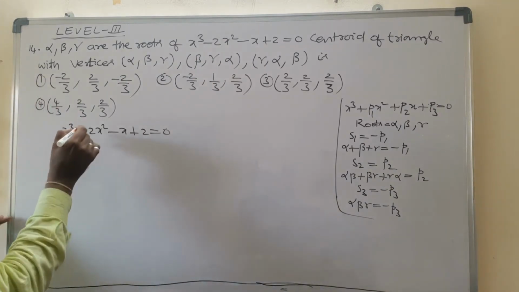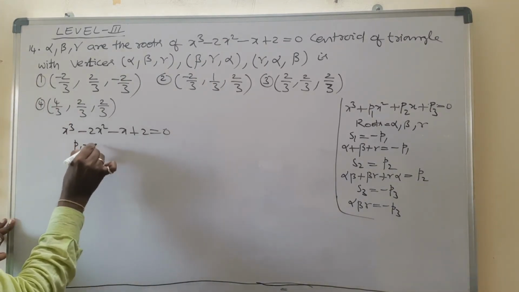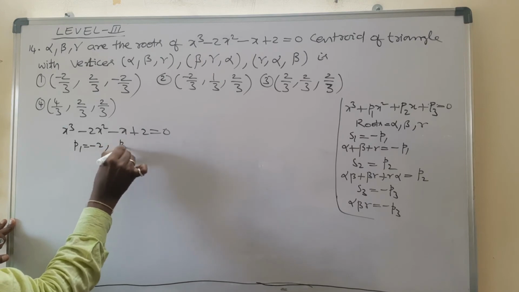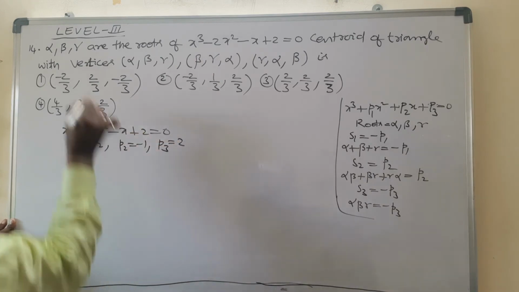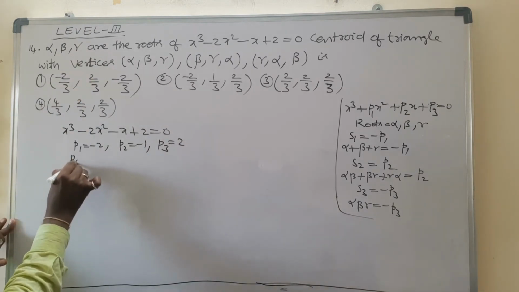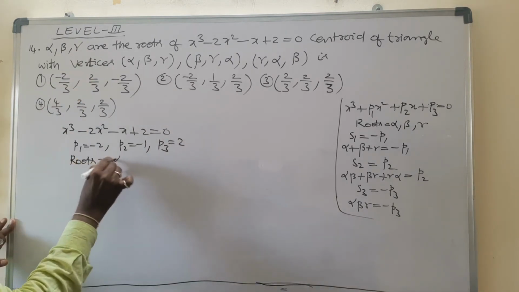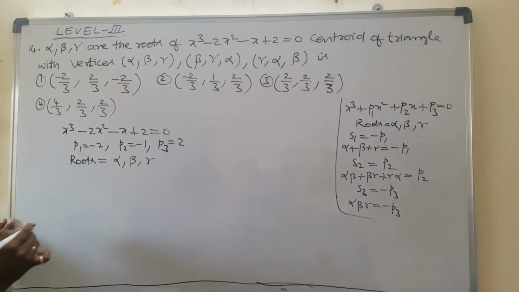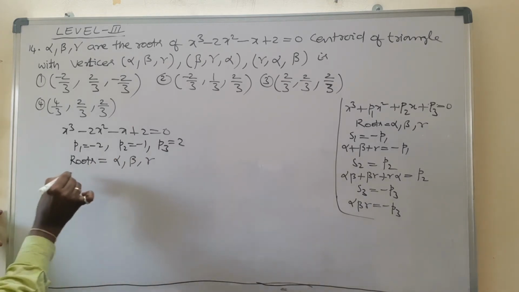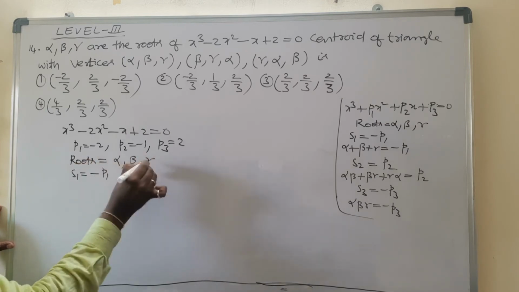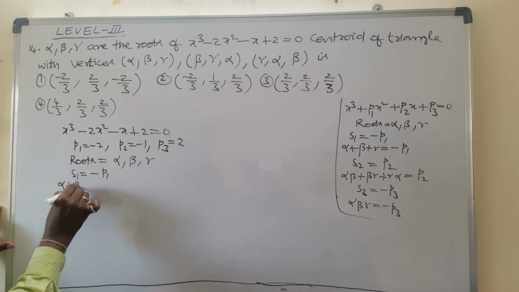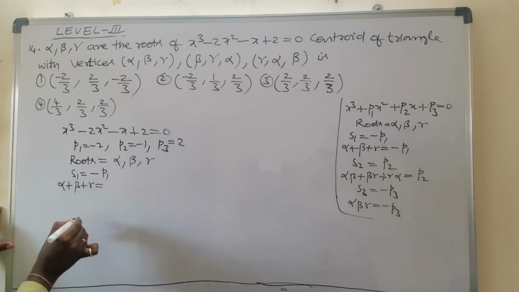In this equation, p1 is equal to minus 2, p2 equal to minus 1, p3 equal to 2. The roots are alpha, beta, gamma, as given in the problem. To find S1, equal to minus p1, the sum of the roots alpha plus beta plus gamma is equal to minus p1.